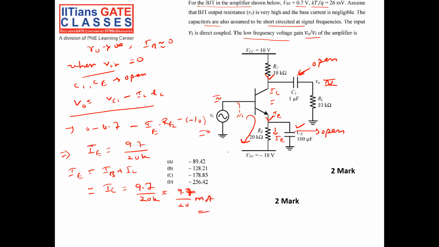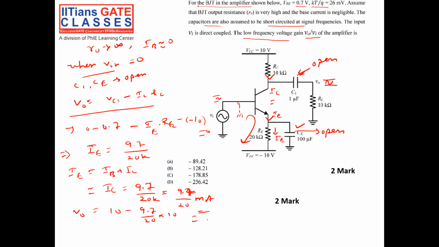Now I have to go to the small signal analysis. And here I could know also my output voltage V0. V0 will be equal to VCC 10 volt minus IC into RC. IC is 9.7 by 20 milliampere into 10K, right?